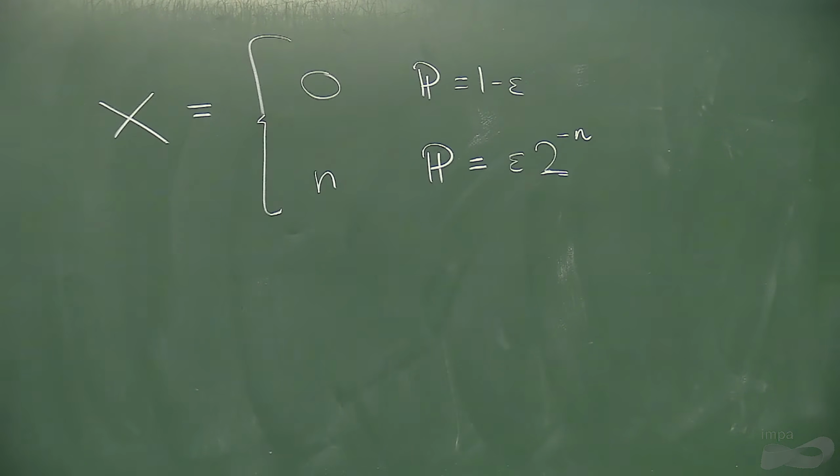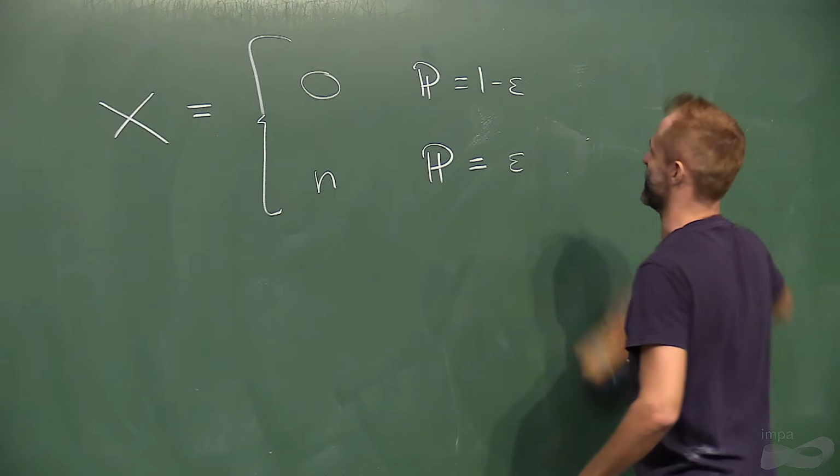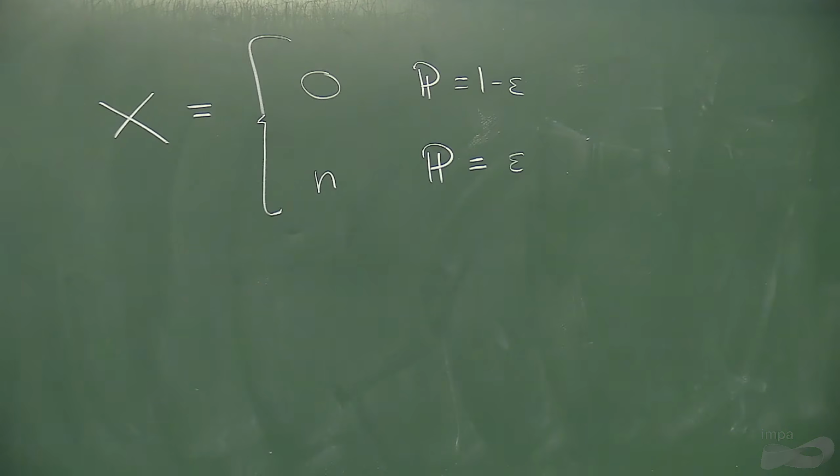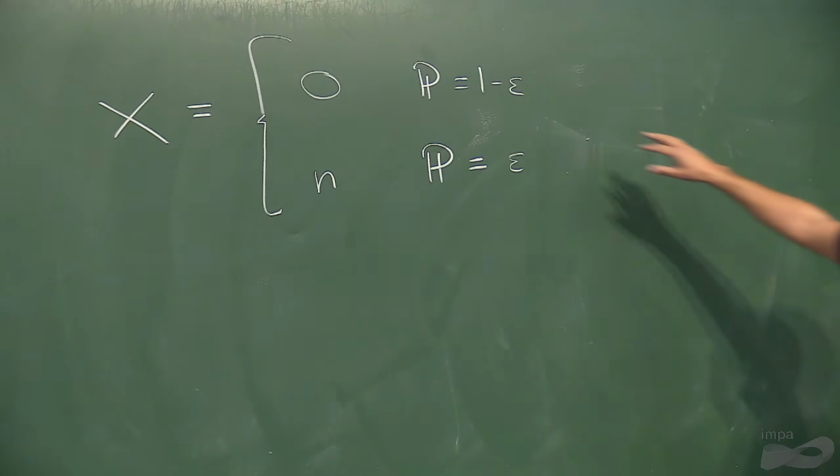Right? The expectation of this random variable is epsilon times n, and n can be as big as you like. But almost all the time it's 0. Right?